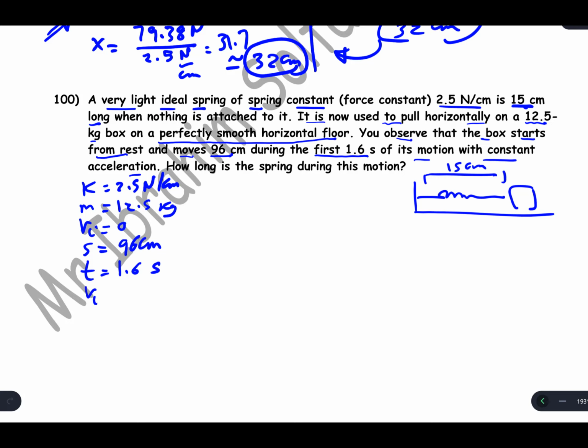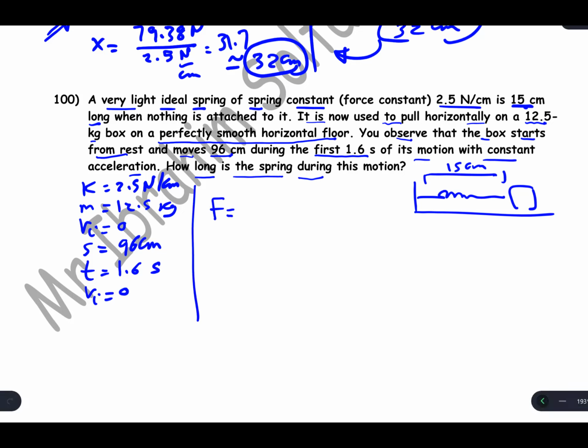At the beginning it was at rest, so v initial equals 0. How long is the spring during the motion?